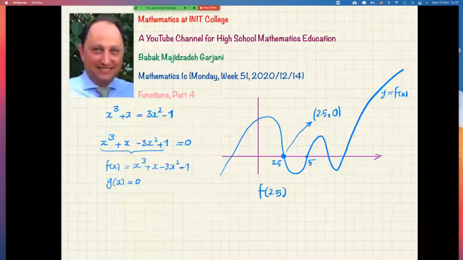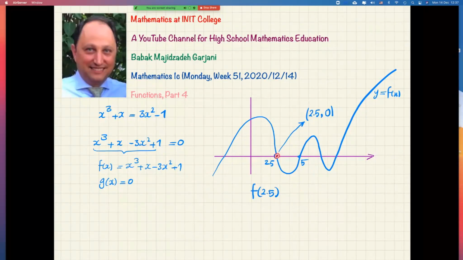Now, in this picture, you see that this point lies on the graph. So I can read the coordinates, 2.5 and 0. It means that if I apply my function on the x coordinate, it will give me the y coordinate. This is why you were able to immediately answer that this one equals 0.